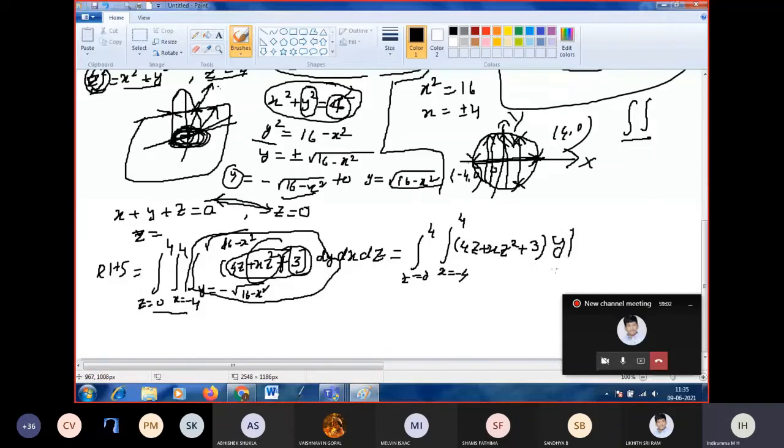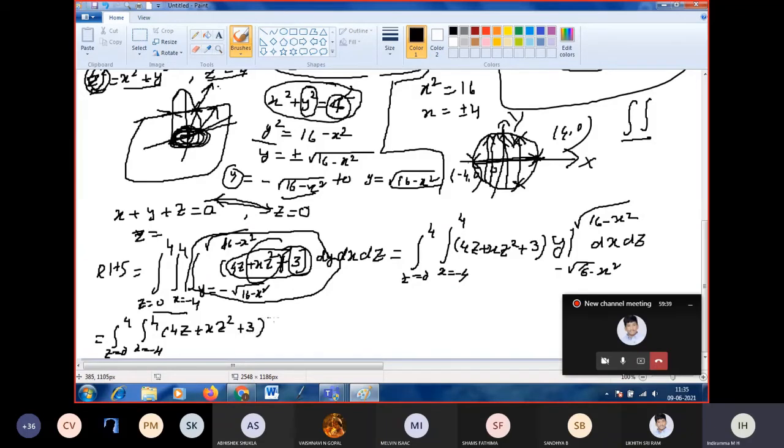Because 4z plus xz square plus 3 is completely a constant with respect to y, constant times y is the integration. Okay. So now we have to apply the limit minus root of 16 minus x square to plus root of 16 minus x square, into dx dz. So now apply the limit, which is equal to integral z equal to 0 to 4, x equal to -4 to 4, 4z plus xz square plus 3 as it is.